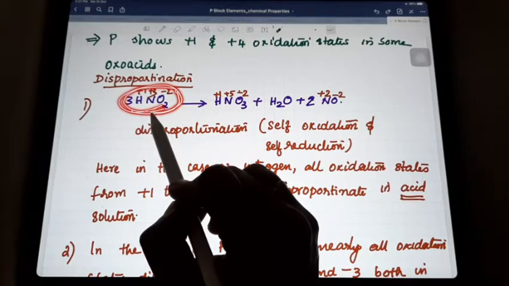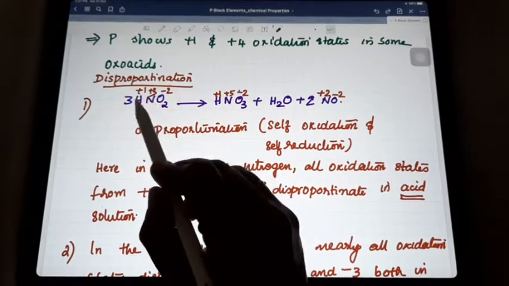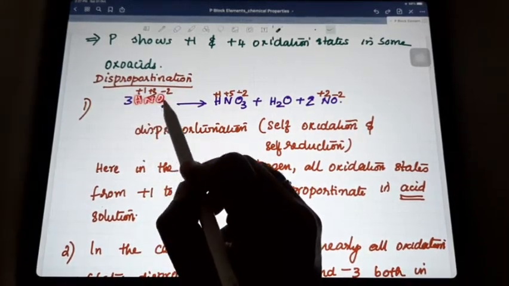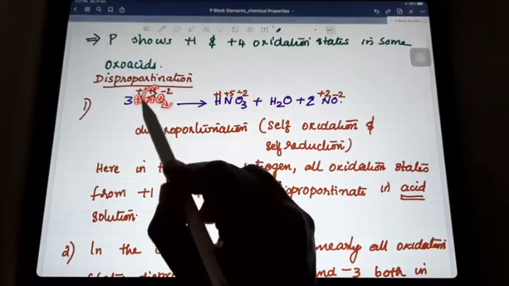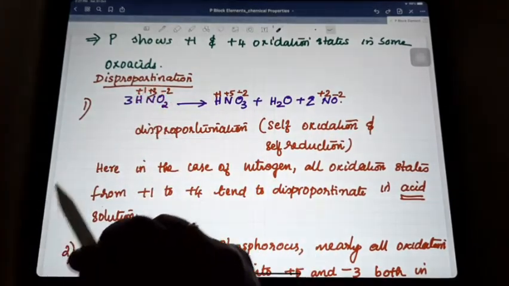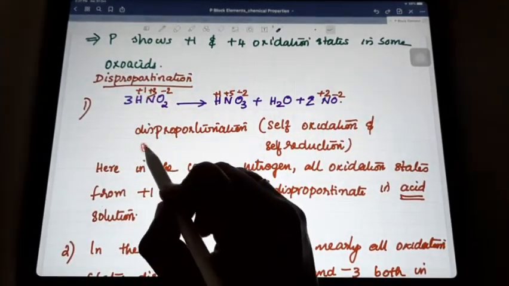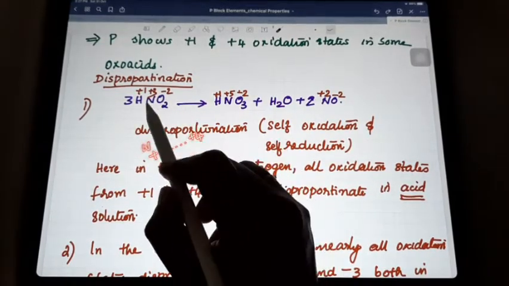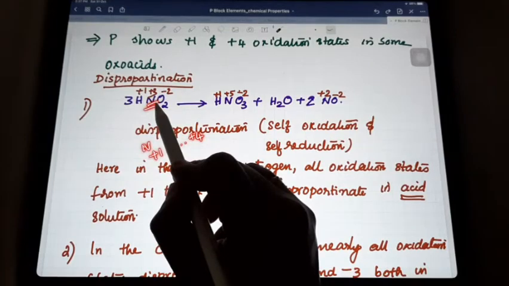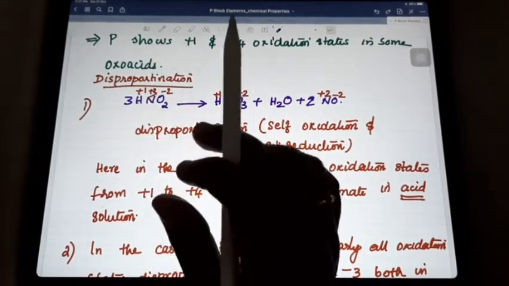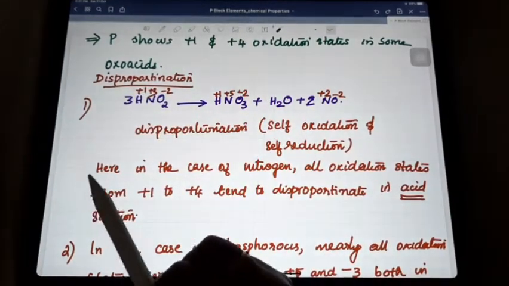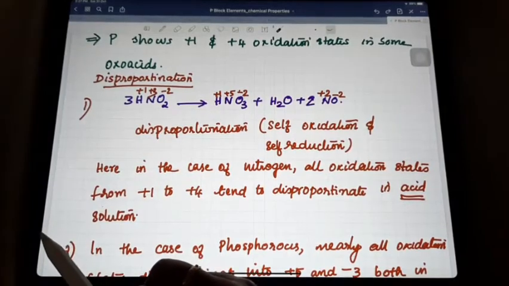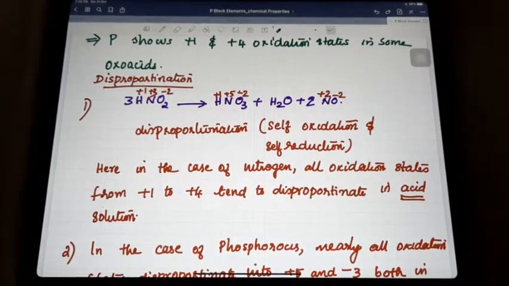In the case of HNO2, when you check, the nitrogen is in the +3 oxidation state. We said earlier that if nitrogen has an oxidation state between +1 and +4, that means 3 is included in that range, and that compound can undergo self-oxidation and self-reduction. That is the rule, occurring in acid medium, acid solution.